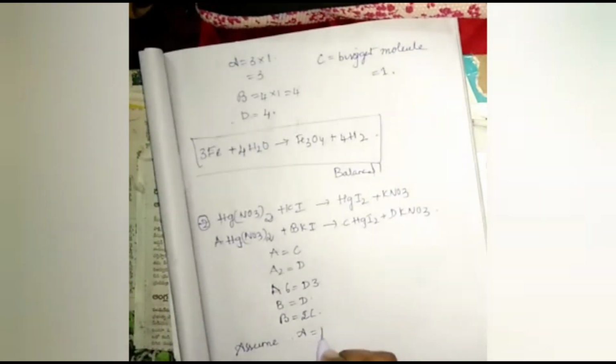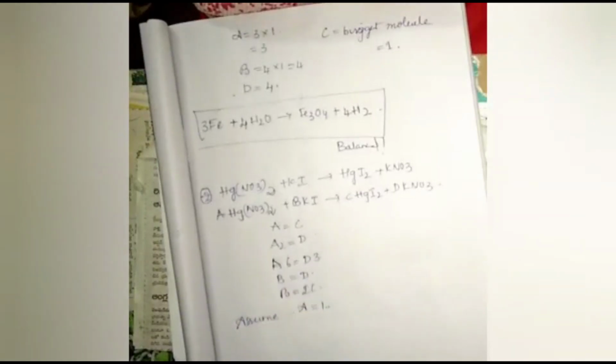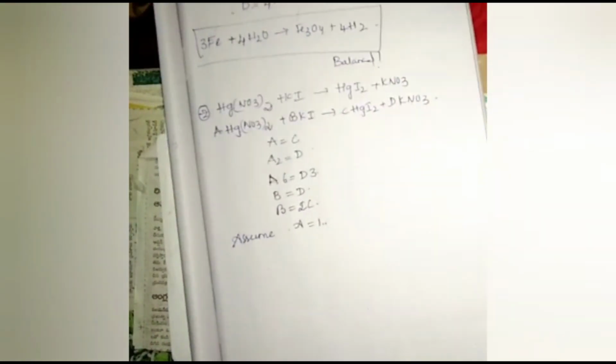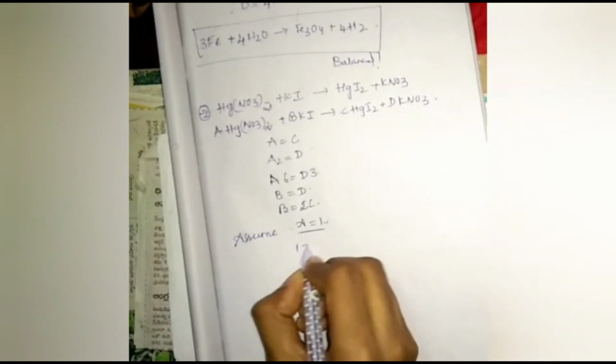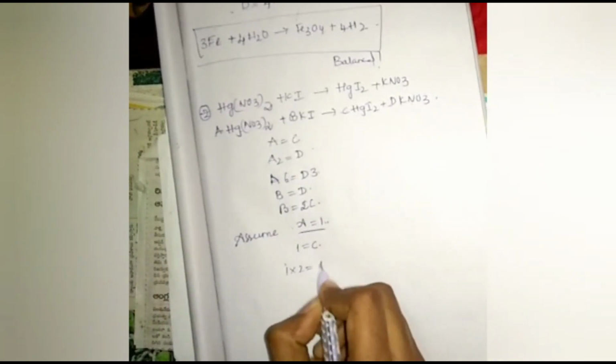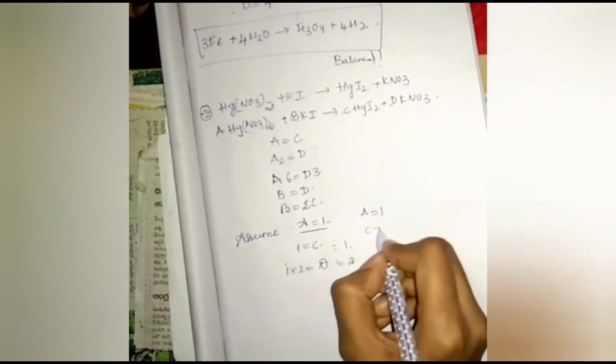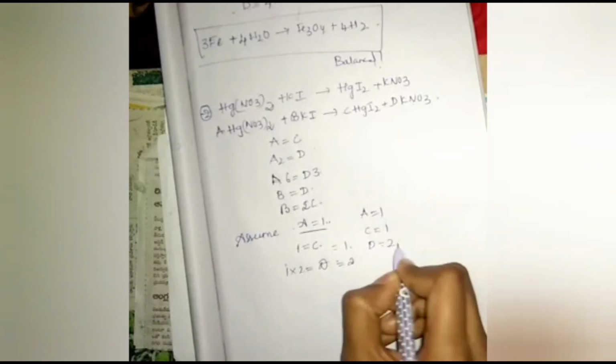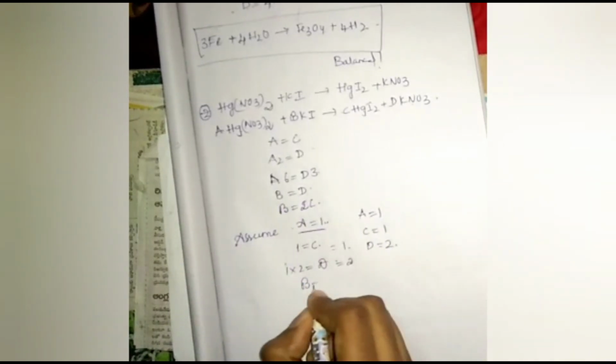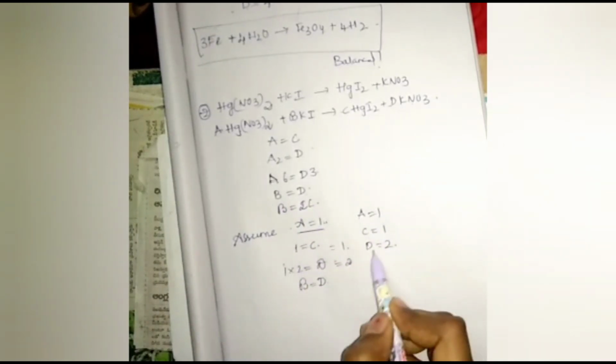Assume the biggest molecule coefficient as 1. In the above reaction, A, that means Hg(NO3)2, is the biggest molecule, so we assume A value equal to 1. Now we substitute the A value in the equations we got in the second step. A equal to 1, and next 1 equal to C, and 1 into 2 equal to D, D equal to 2.